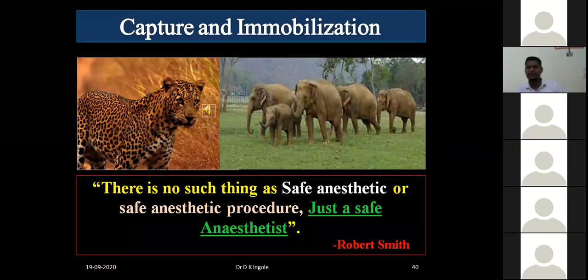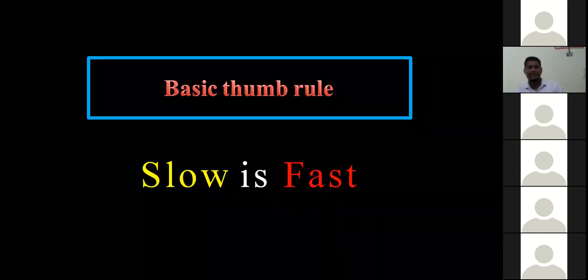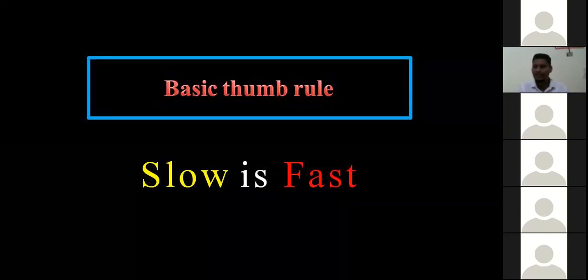So the basic thumb rule while treating any case of wild animal is slow is fast. If you are in a hurry, and you want to go home, finishing the operation quickly, you will get into trouble, and that work will get delayed. So always remember, while working with any kind of animal, domestic or wild, slow is fast.